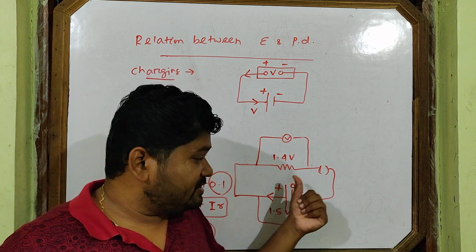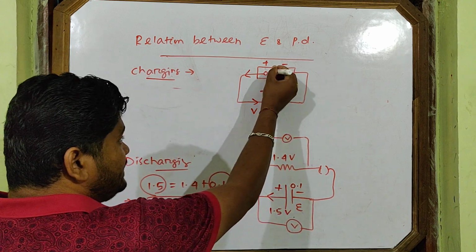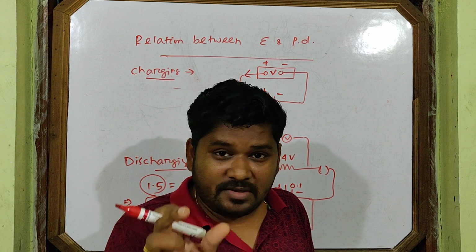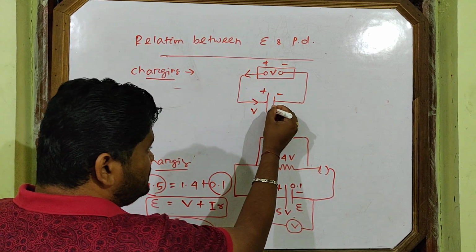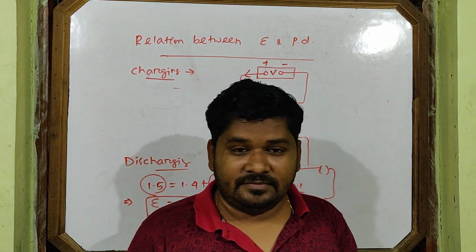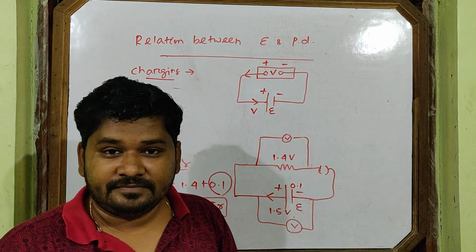But here chemical energy converts into electric energy. So when you give V volt, that means energy per coulomb, some joule per coulomb. When we give energy or give V volt, how much is stored inside it? What is stored is called EMF, and that one we use here.